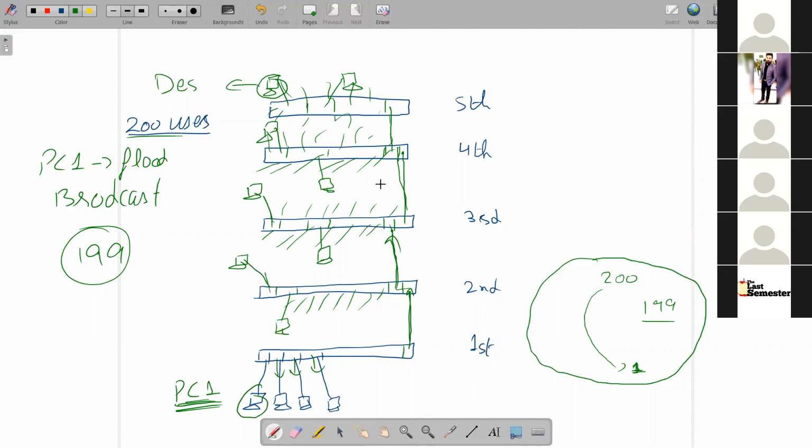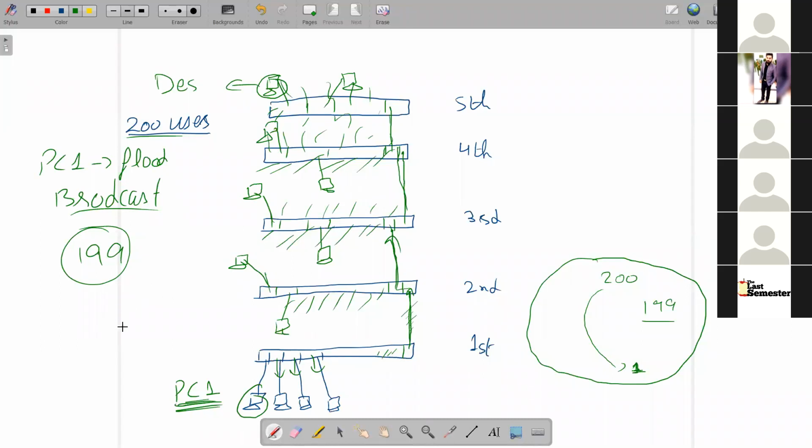Now tell me, is this a good thing or a bad thing? Aren't you using up the resources of your devices and the bandwidth of the link? You are flooding the broadcast. In the network, broadcast is not a good thing. If you want to communicate one-to-one, or if you want to utilize the resources in a better way, this is not a good thing.